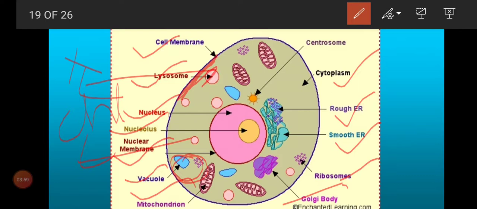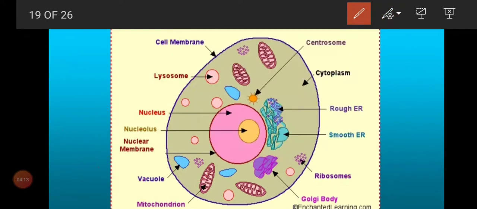And in animal cell, smaller vacuoles will be present, but in plant cell, bigger vacuoles will be present. So please draw the animal cell in your notebook and practice. Is that clear, children? I'll send the different types of cells in the next video, and we will see the difference between plant and animal cell.